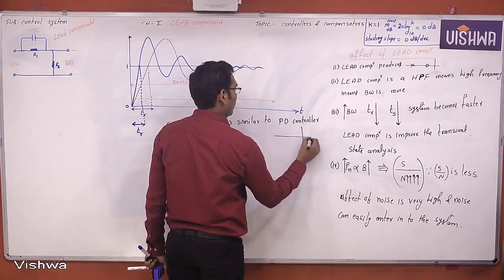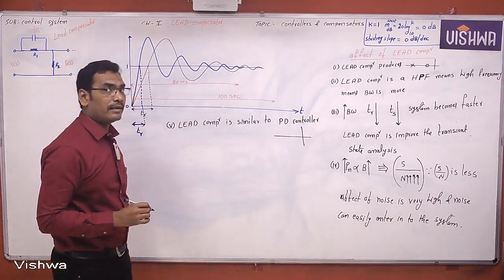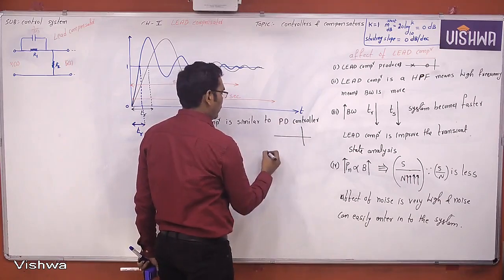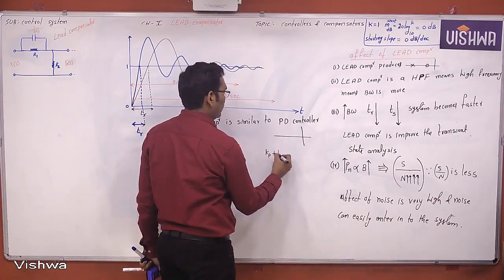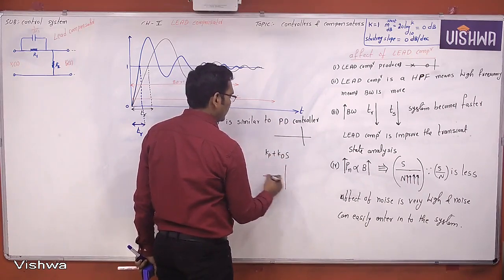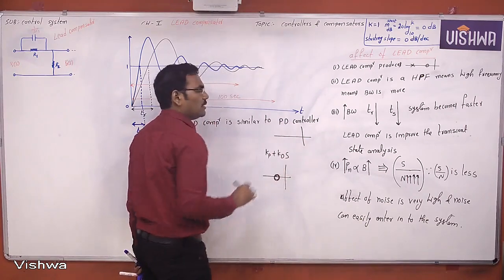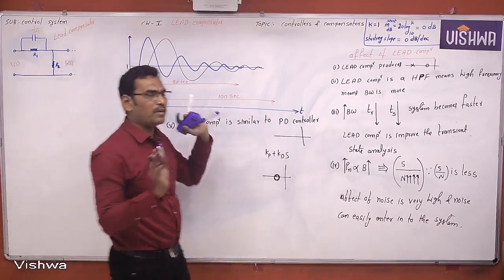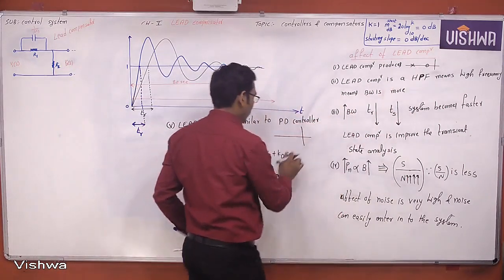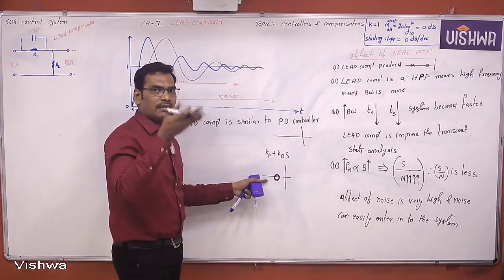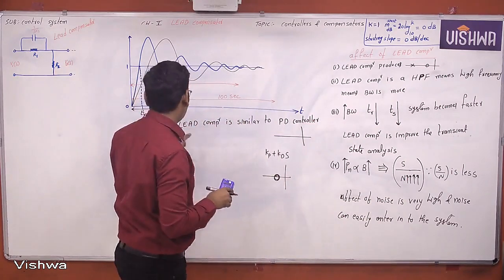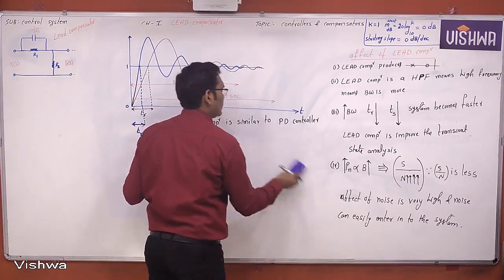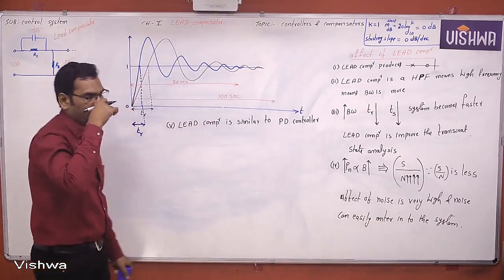In the proportional derivative controller, PD means proportional plus derivative, Kp plus Kd into S, which means that this is a finite zero, one finite zero. Zero means rising, high pass, and the lead compensator is also high pass. Therefore the lead compensator is similar to a PD controller, because in a PD controller also a finite zero is available. Understand or not?